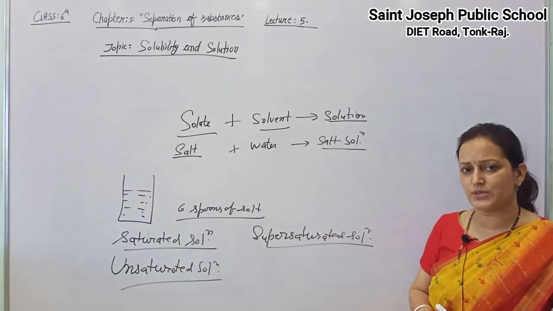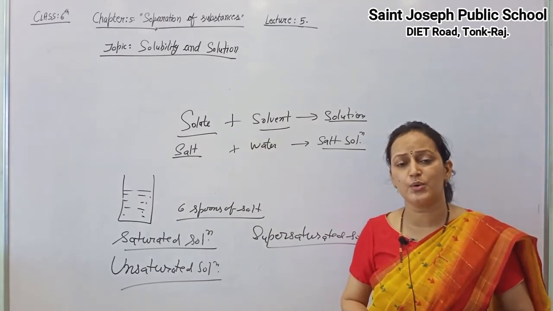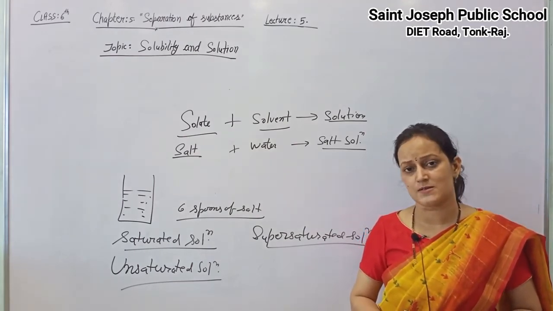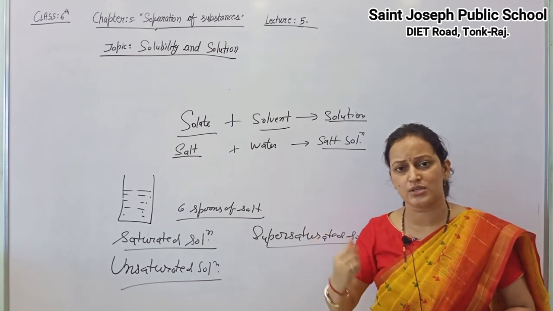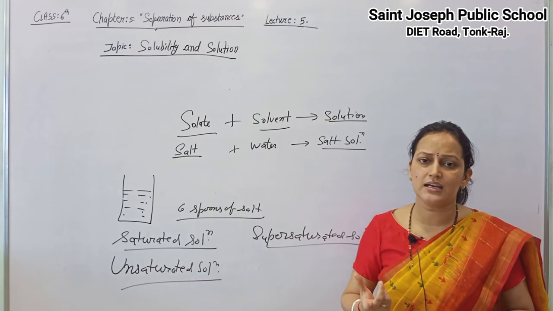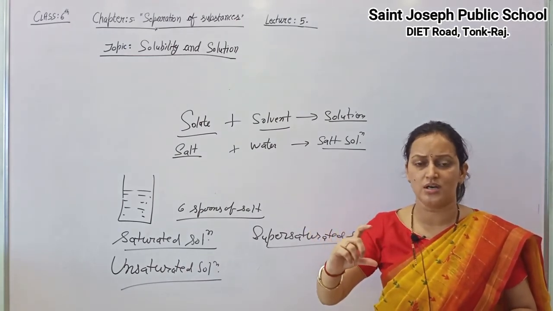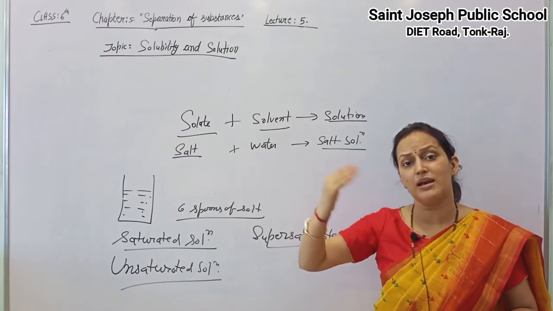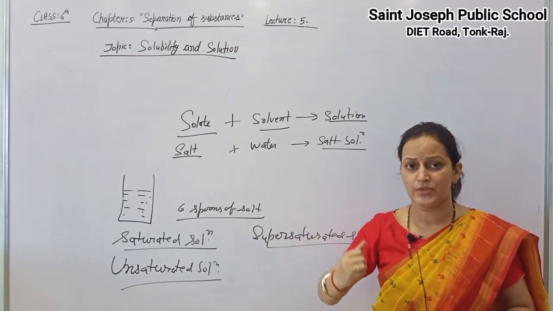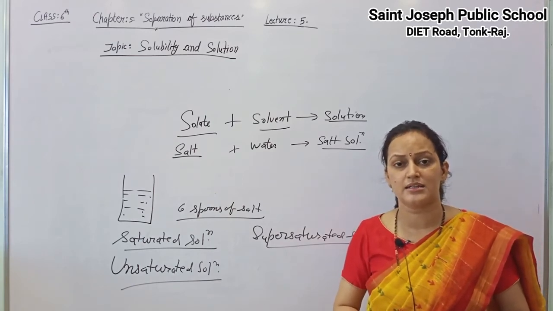Best example of this supersaturated solution is making of sugar syrup at your home during the festival seasons. घर पे जब भी festival seasons होते हैं तो ये sugar syrup चाशनी जो हम बनाते हैं उसके अंदर क्या करते हैं? Mother, she generally takes a small amount of water and she adds almost double amount of sugar in that water. जितना water होगा उसे double amount of sugar उसके अंदर add कर देते हैं.